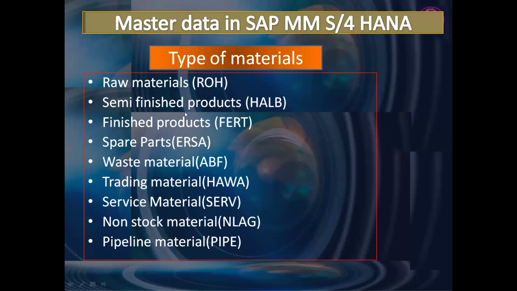Now, in your company, there will be semi-finished products also. Semi-finished product means, for example, when you start manufacturing a tire, in the first stage you use some raw material and start manufacturing.